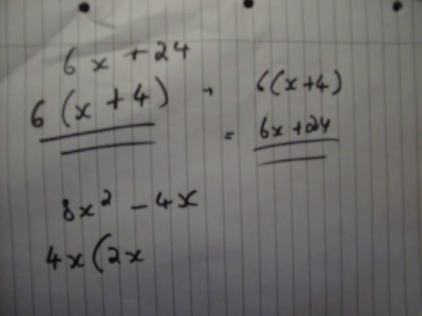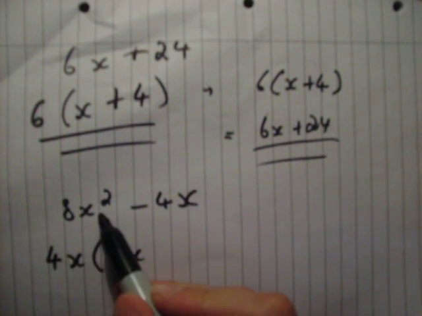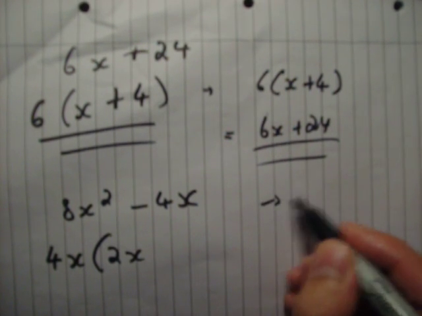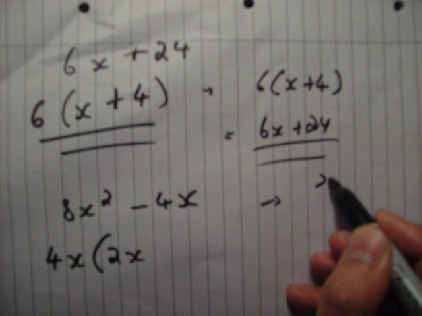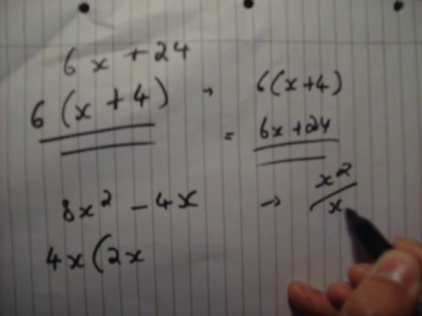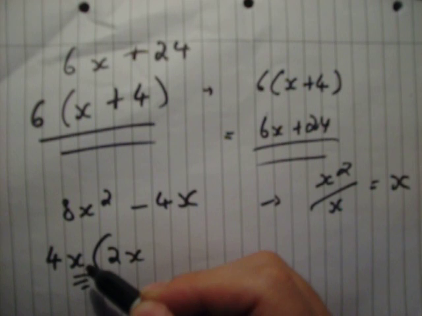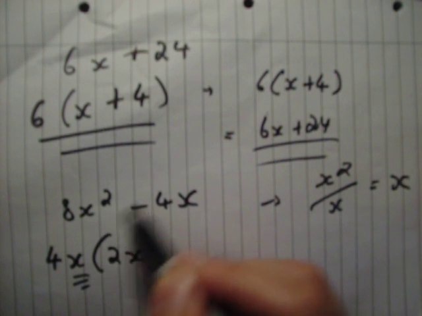You've got to think about how many times x goes into x squared. X squared divided by x equals x. You only put an x there if you can use that x to divide your expression.